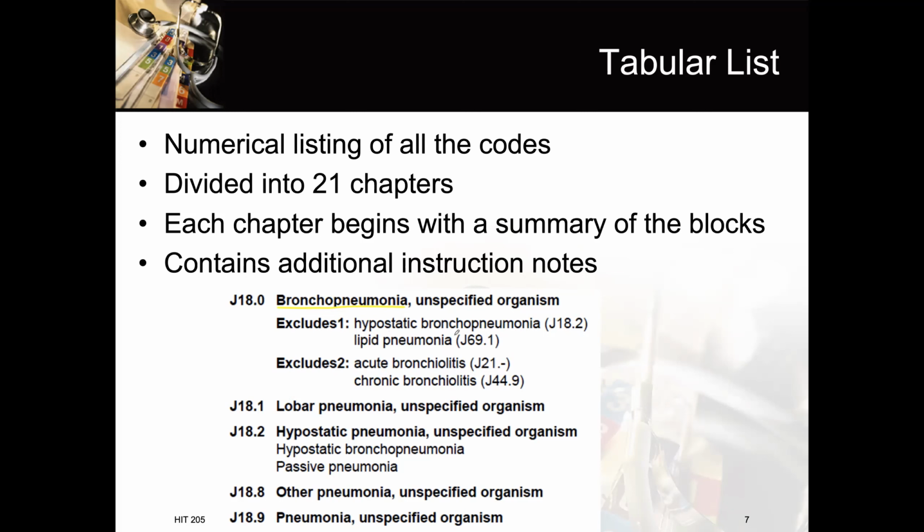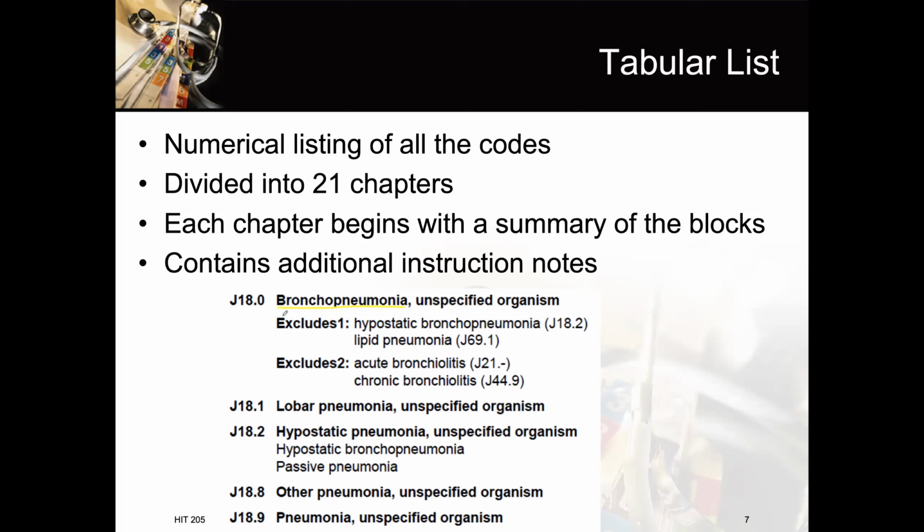And I showed you the chapters in the tabular list. That's what you're going to do: find what chapter you need to be in. And they're all in numeric order. So you're going to find the right area and build your code from there or select your code.